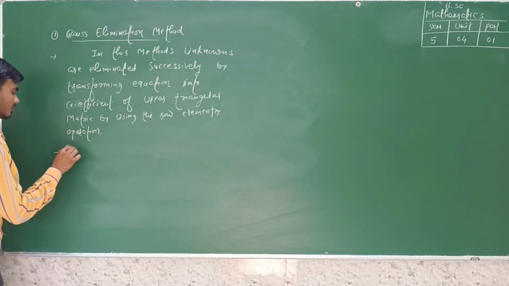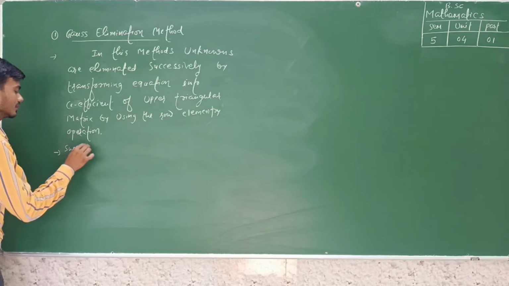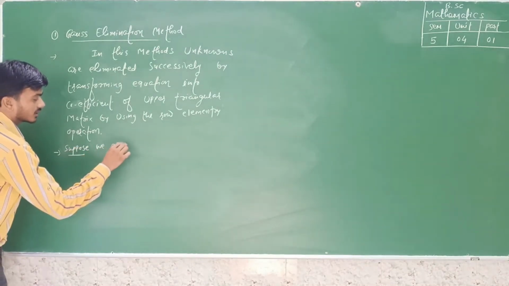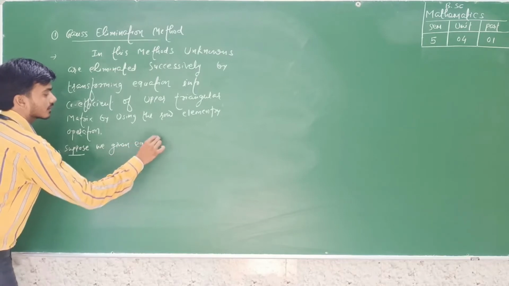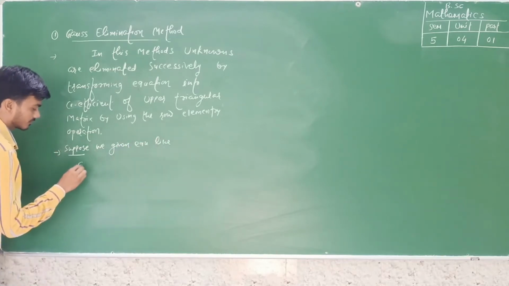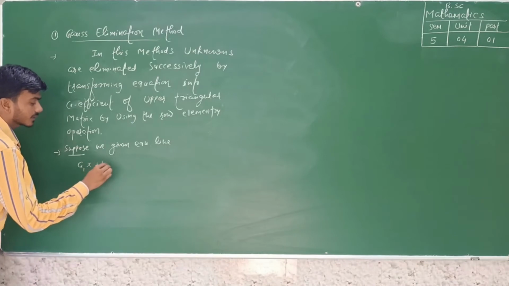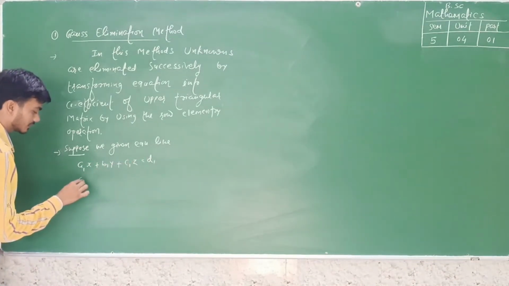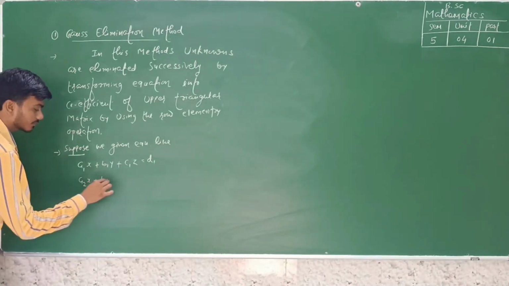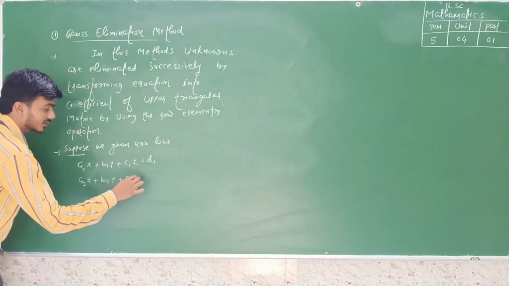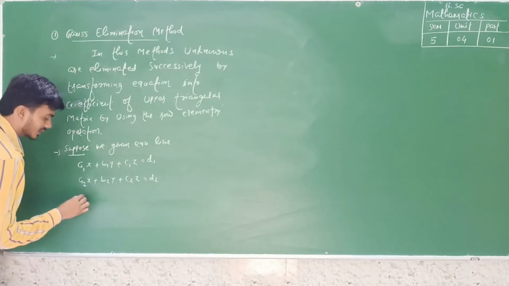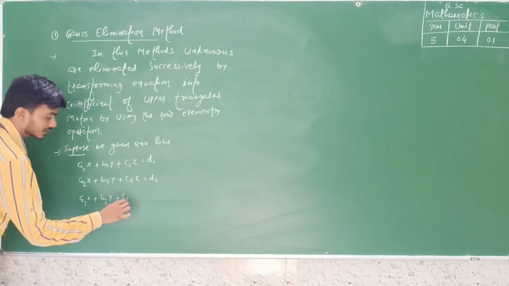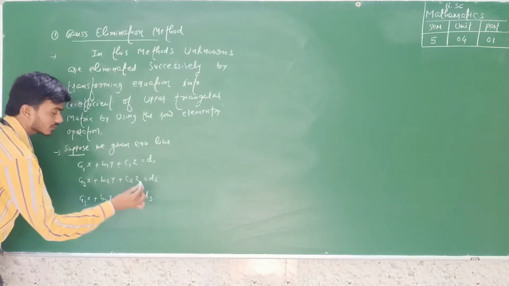Suppose we are given three linear equations like a1x plus b1y plus c1z is equal to d1, a2x plus b2y plus c2z is equal to d2, a3x plus b3y plus c3z is equal to d3.